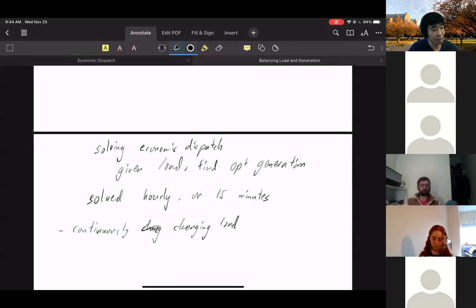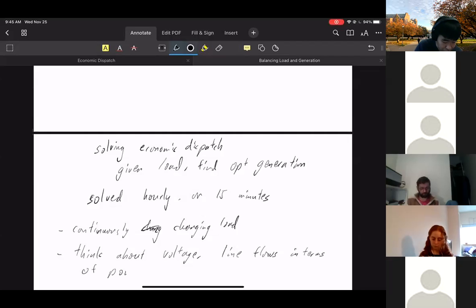Another thing we're going to think about is that we have power flow in the system. How do I think about intuitive things like voltage? So another goal is to think about voltage and line flows in terms of power.